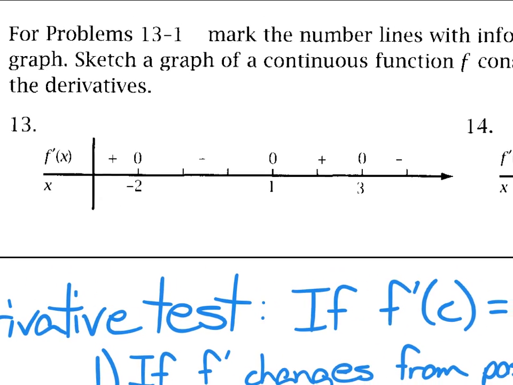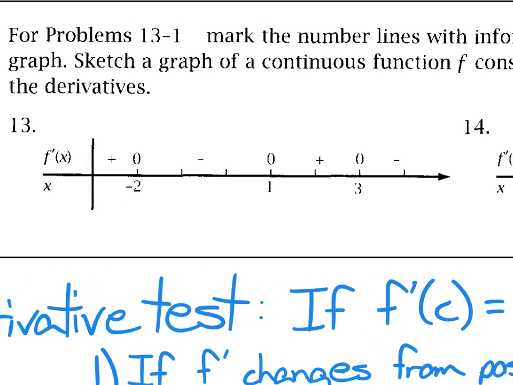Just to illustrate this in a little bit different way, let's look at 13 here. Okay? We have an xy plane, and at -2 and at 1 and at 3 we have places where the derivative is 0. Okay? So let's look at what's happening here at -2.